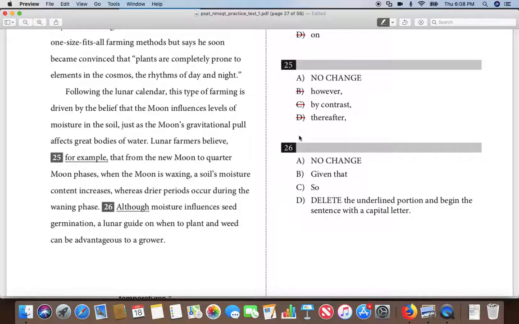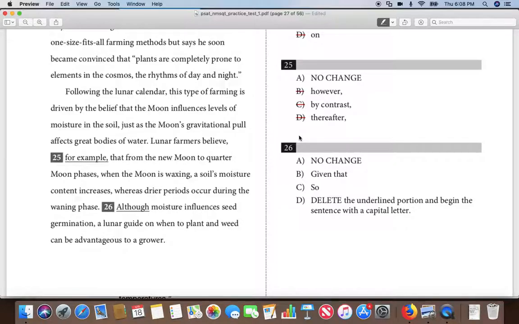So what is the relation between those two ideas? Moisture influences seed germination, and then a lunar guide on when to plant and weed can be advantageous to a grower. What's the relationship there? Because it said in a previous sentence that the moon affects moisture.